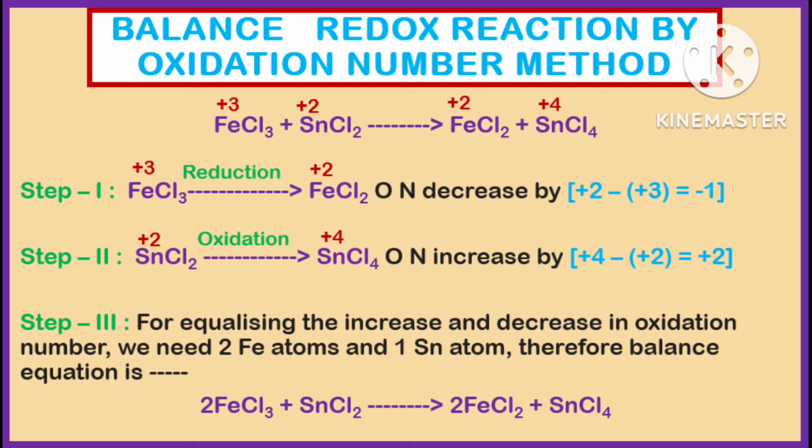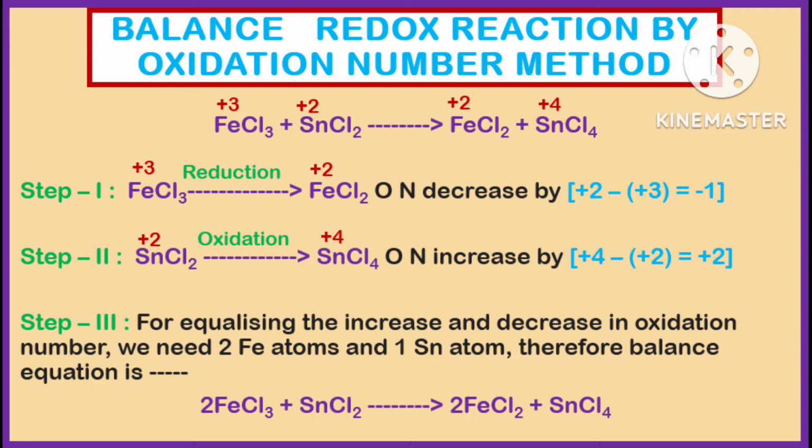First you have to write step 1. Because it is potassium dichromate, you have to write it in terms of ions. You remove K2. K has plus 1, so 2K means 2 plus removed, then 2 minus is remaining.